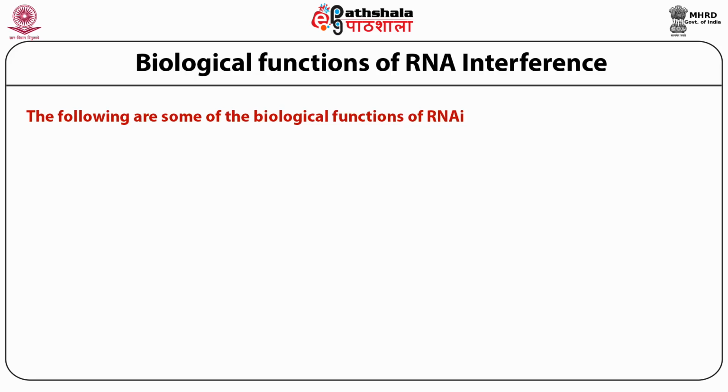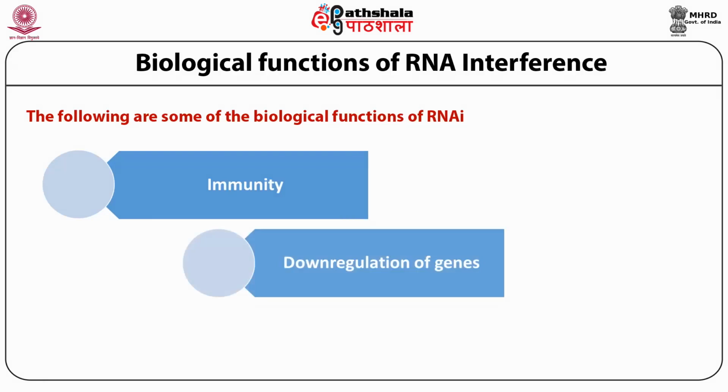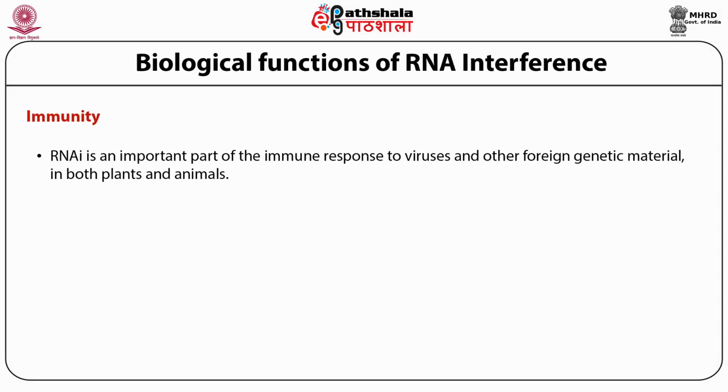RNA interference provides immunity against viral infections or the entry of any foreign exogenous DNA. RNA interference also mediates both the downregulation and the upregulation of genes. RNA interference is an important part of the immune response to viruses and other foreign genetic material in both plants and animals.